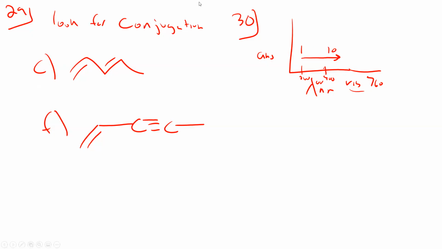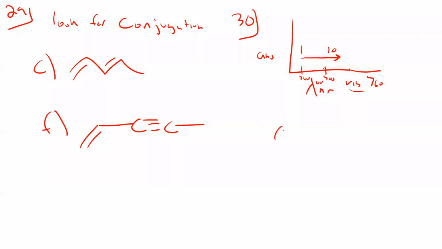That's what we mean by that. 10 conjugated bonds. So as lambda max increases, the number of conjugated bonds increases. So whatever choice that is for you, that's the one you're going to select. We can probably even stay on the same one.